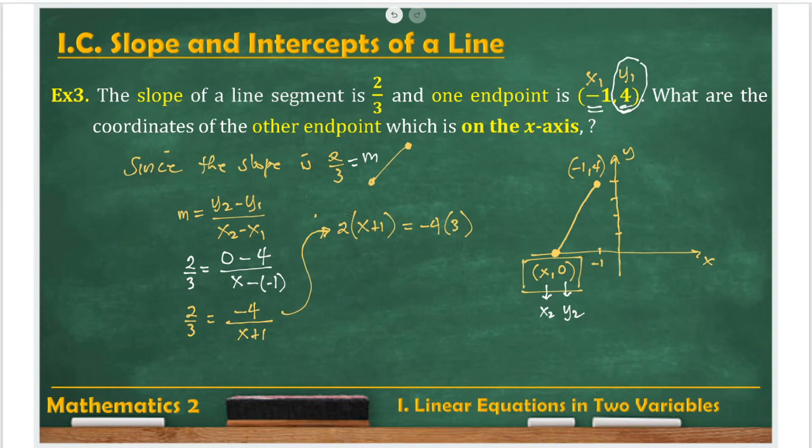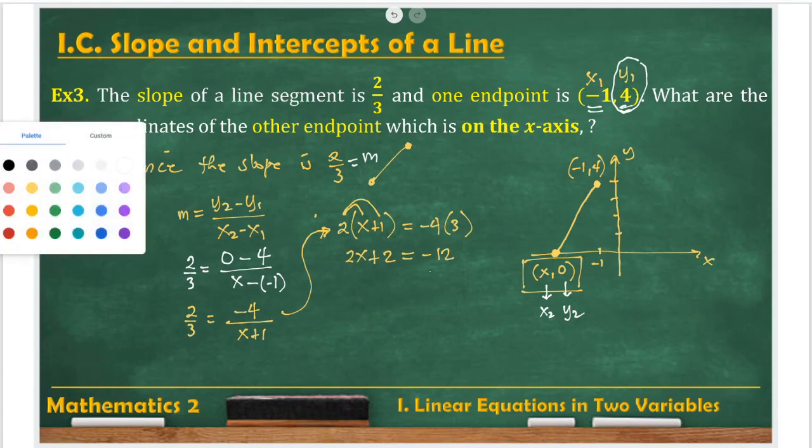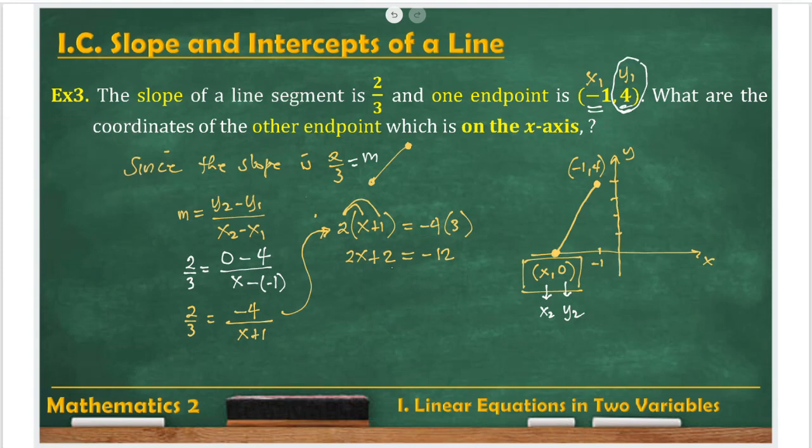So let's simplify this one. 2 times x is 2x, then 2 times 1 is 2. And this should be equal to -4 times 3, which is -12. Then we subtract 2 from both sides of the equation.